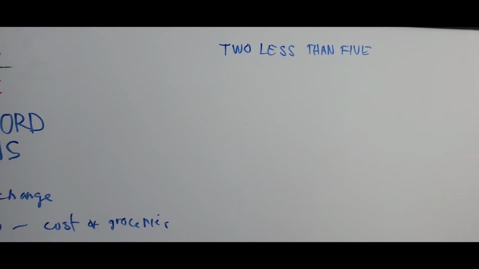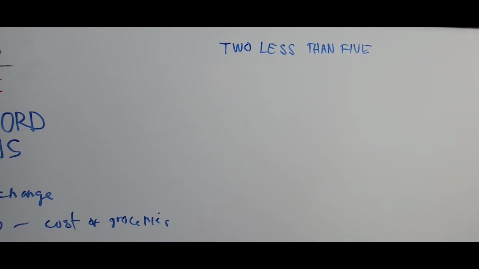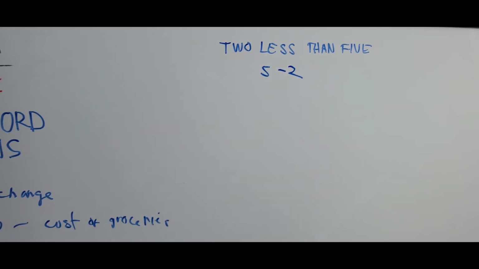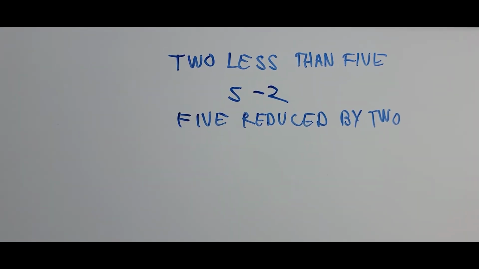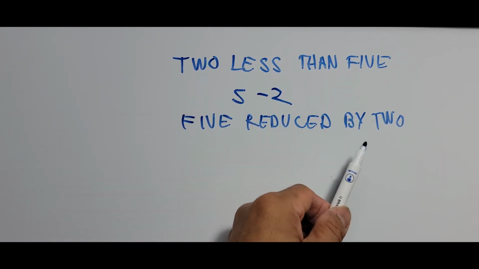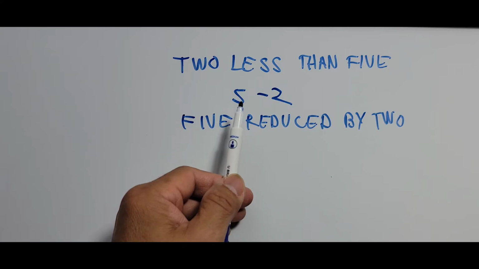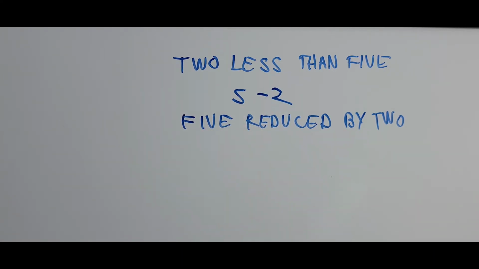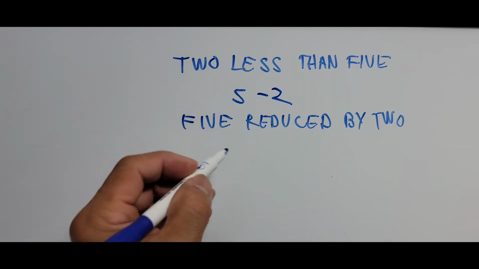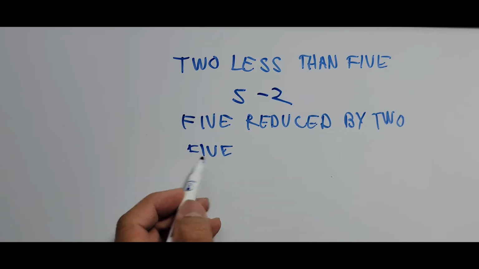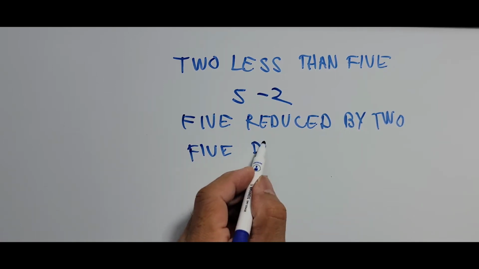How do you illustrate that in the form of a numerical expression? 2 less than 5, that's how it is represented. Now we have another phrase, 5 reduced by 2. That's the same way, right? 5 reduced by 2, or 5, what's the other one? Decreased by 2, right?